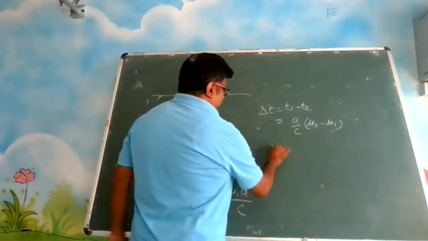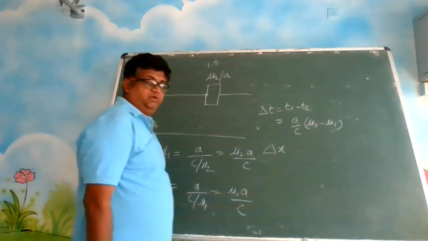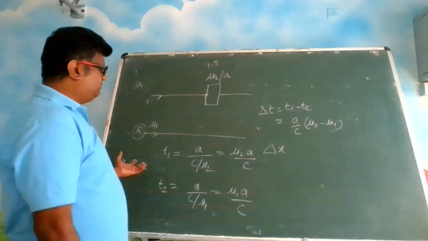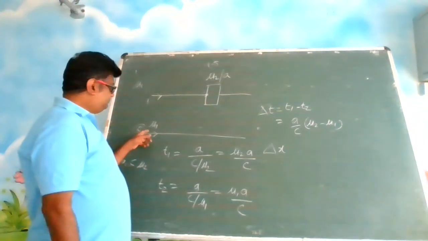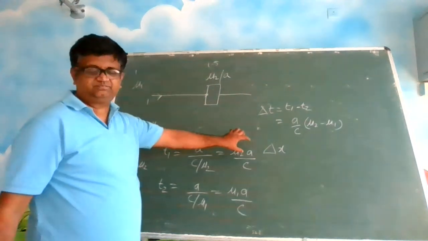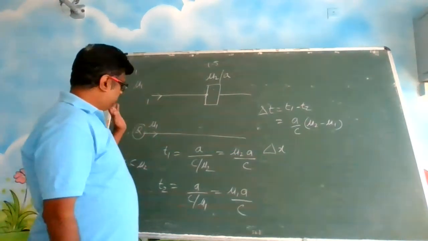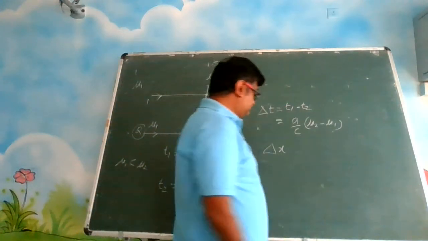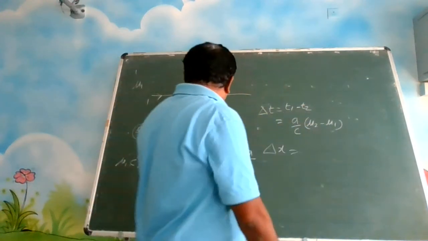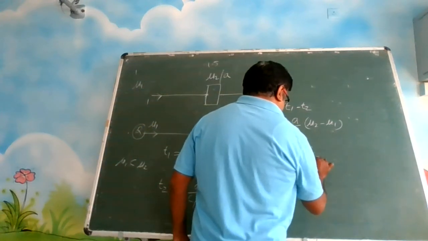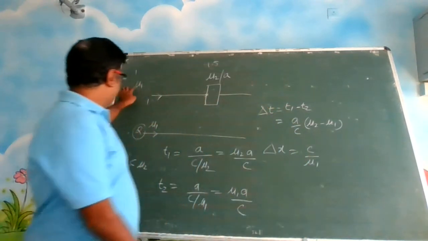Now I want to find the delta X value. The delta X is the path difference. I need to multiply with the speed. Which speed I need to take? I need to take the speed of this second ray, multiplied by the time gap. So the speed here is C divided by mu 1, it is in the mu 1 medium.